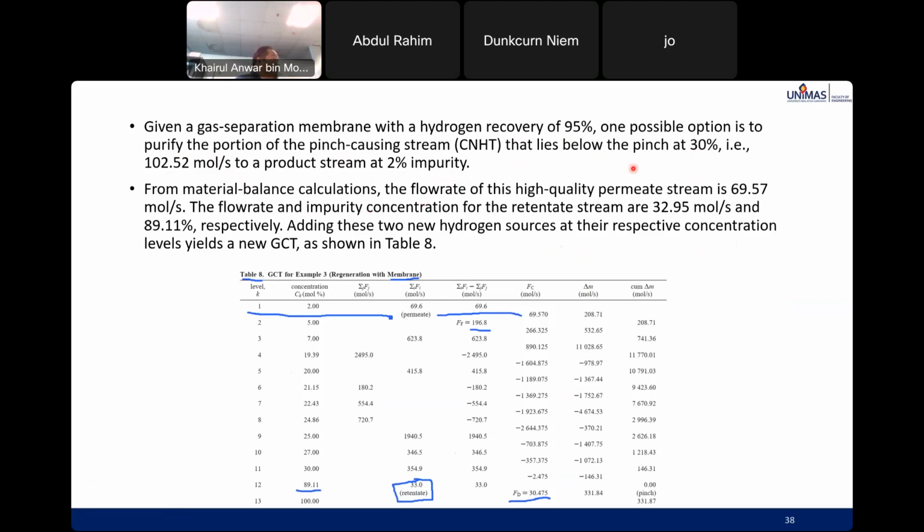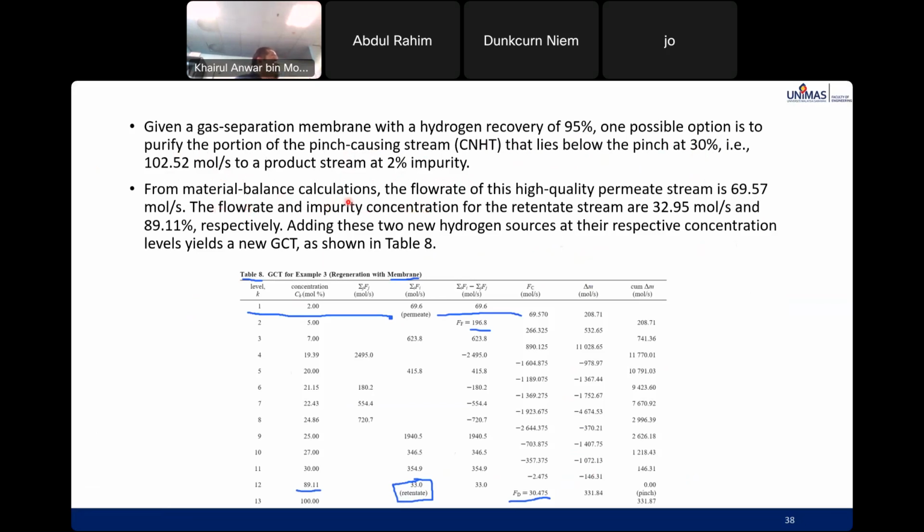Okay, they choose the stream below the pinch. Not sure how much the percentage, but more than 30% concentration of impurities.